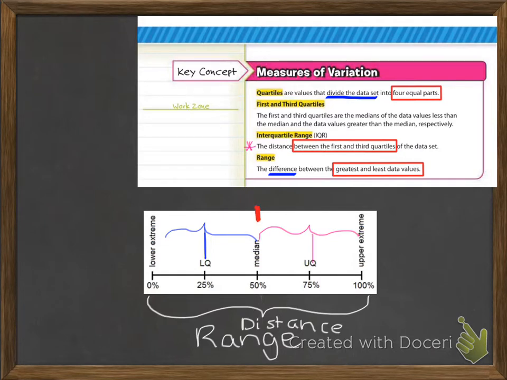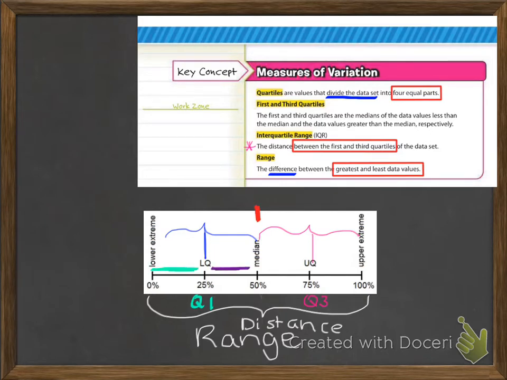So this is going to be quartile 1 right here. And right up here will be quartile 3. And then quartile 2 is never called quartile 2, it's called the median. So that's how you know where they're at. Then the main thing that you also need to understand is that 25% of the data is going to be down here.